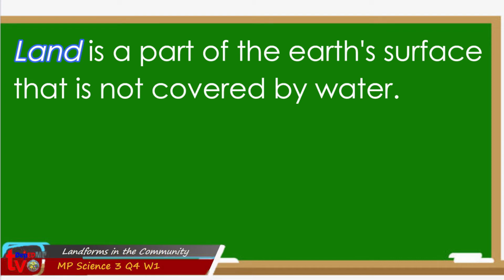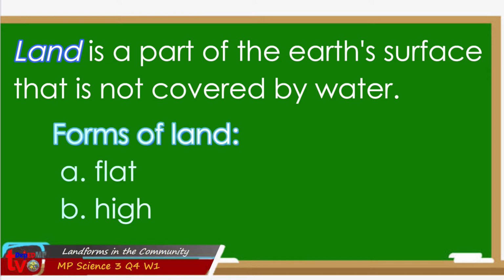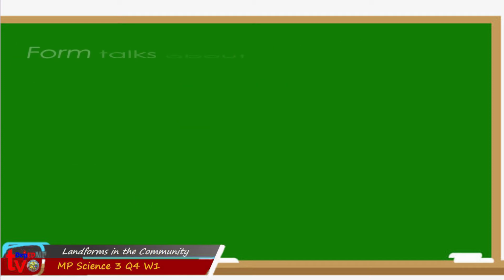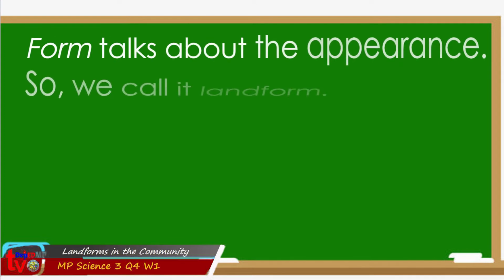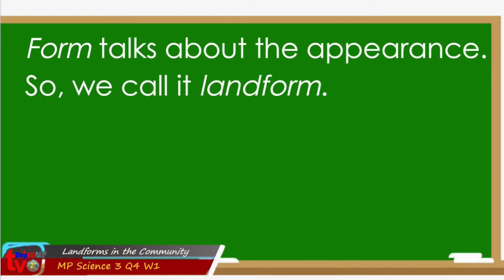Land is a part of the Earth's surface that is not covered by water as opposed to the sea or the air. It has forms. Some are flat and others are high. Forms talk about the appearance, so we call it landform.